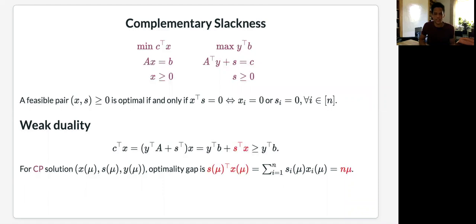And for weak duality, we have that the duality gap is given by the scalar product of S and X. And recall that on the central path, we have that for every coordinate, S_i X_i is going to be mu, so the duality gap on the central path is given by exactly n times mu.